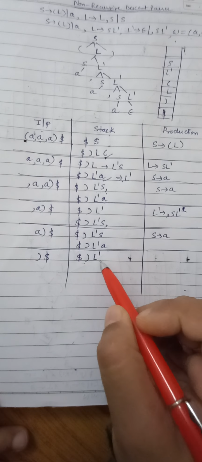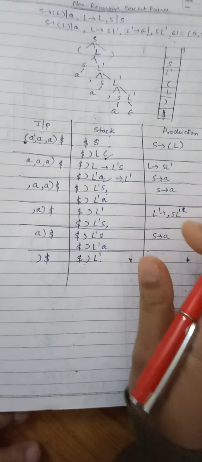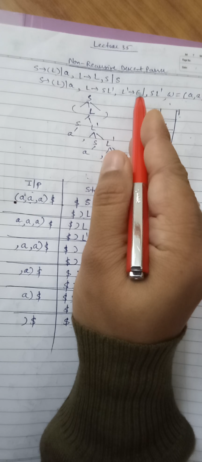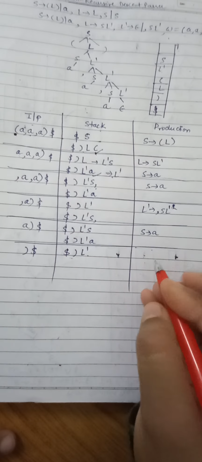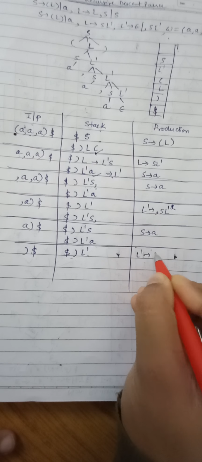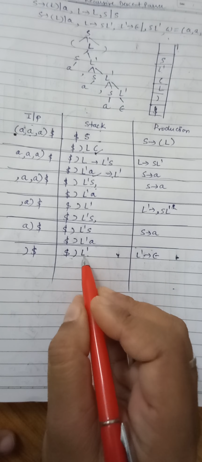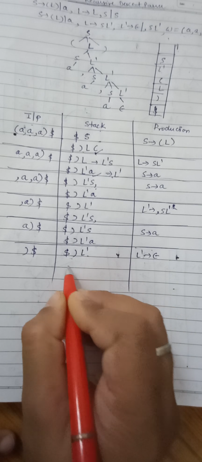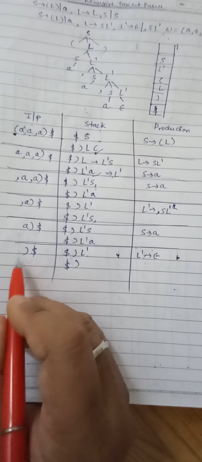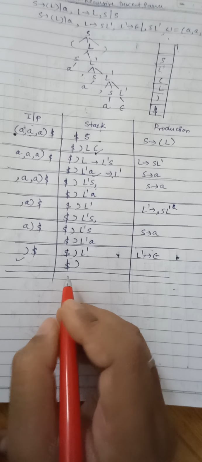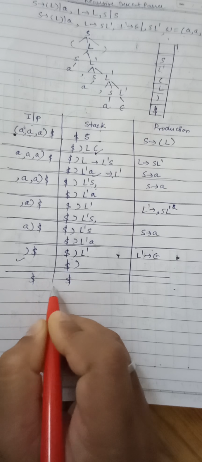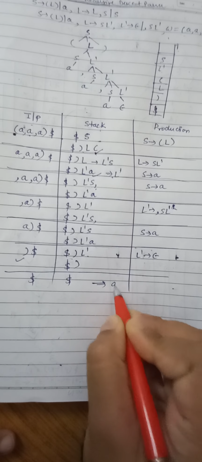Now our string is completed and this bracket we have. So simply we will put L dash tends to epsilon because it is not required now. So now this becomes epsilon, and only this is left, and this we also completed here. So see, it means it is accepted.